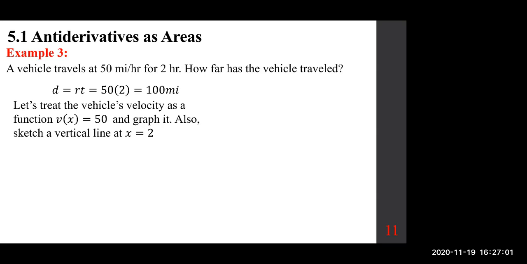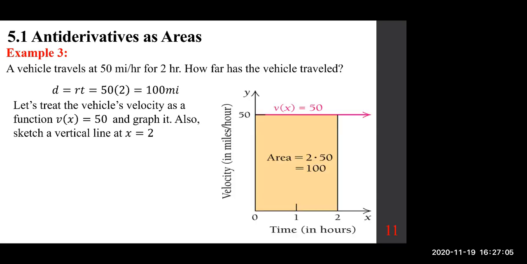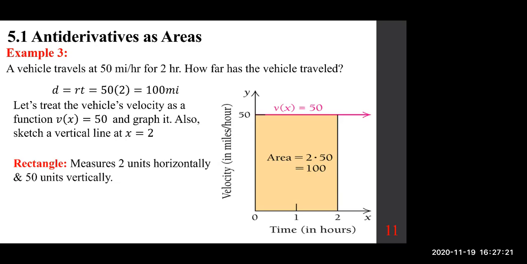Over the course of 2 hours, so along the X-axis, okay, we have 1 and 2, it's fixed at 2, it's the vertical line, if you will, okay? And the velocity is fixed. We can calculate the area, okay, as the width times the height, and easily we can come up with the answer, which is 100 miles.